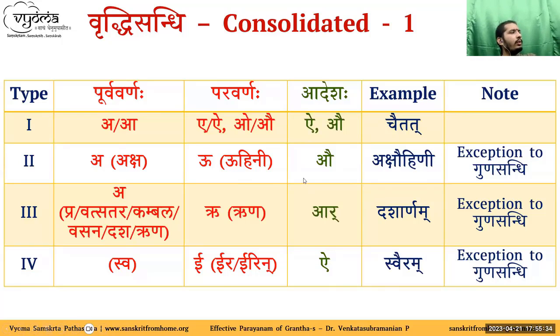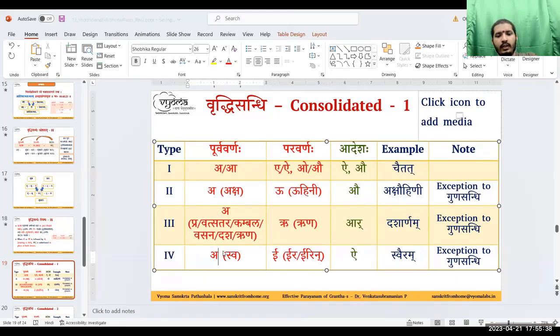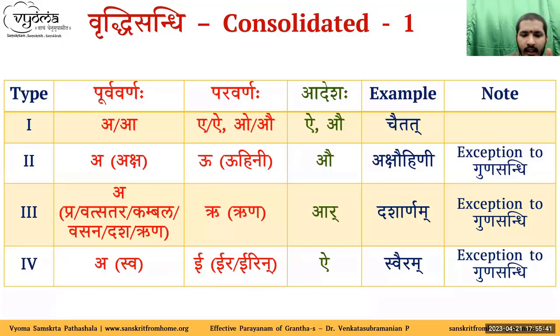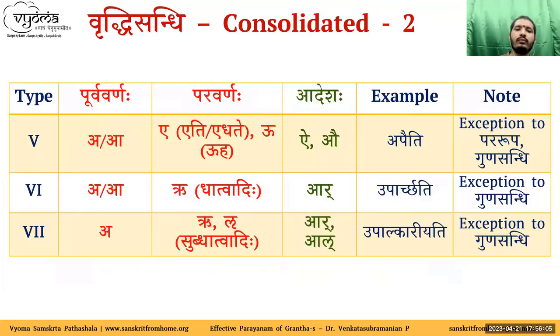In the fourth type, we saw if we have Purvarna Akara, which is the ending letter of Swa, and if on the right hand side we have E, the starting letter of Ira or Iran, then we get the Adesha I. We saw a few examples also, Swairam, Swairine, Swairi, etc. Again, this is an exception for Gunasandhi.